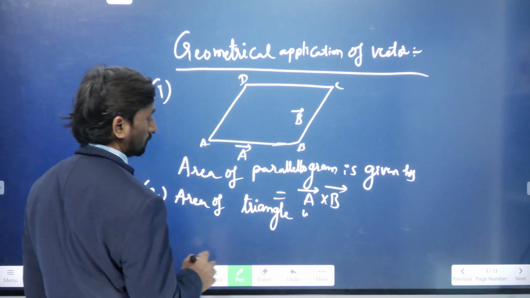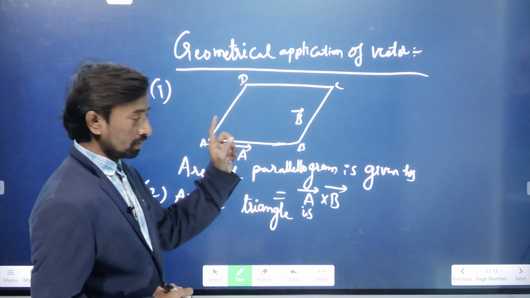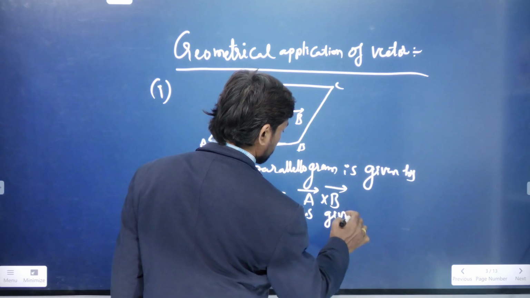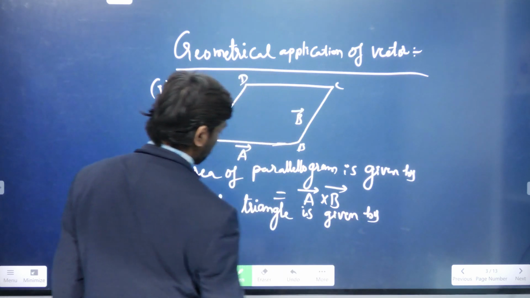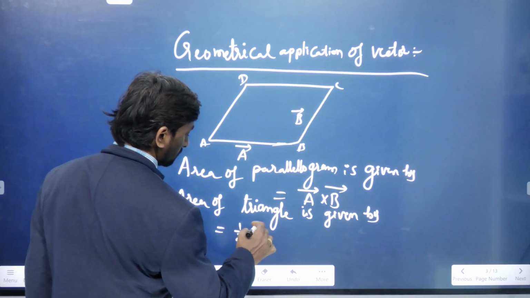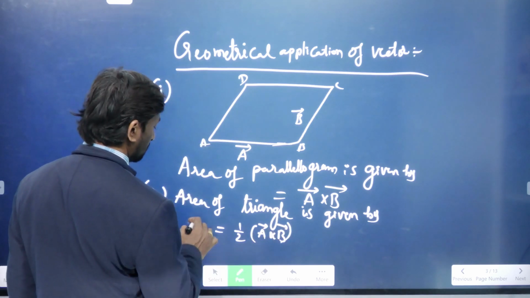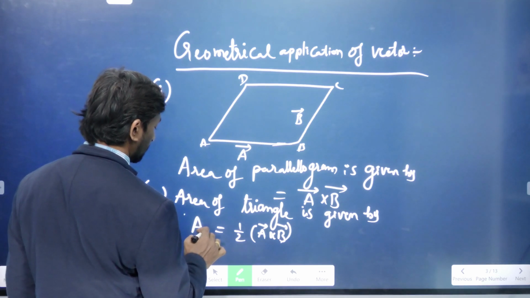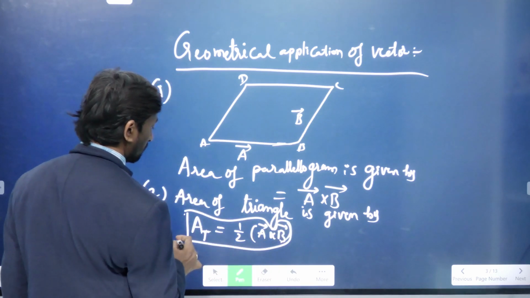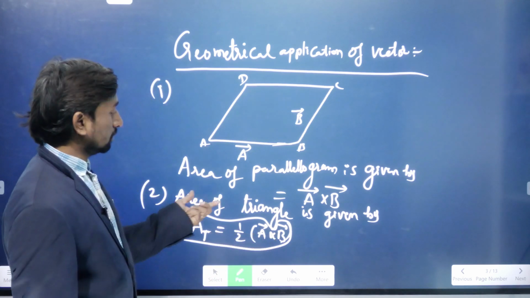When the two vectors are represented as the base and height sides of the triangle, the area is given by half of the cross product of the two vectors. So this is the area A of the triangle, and it can be given by using this formula: half into A bar cross B bar. Half into A bar cross B bar will be the area of the given triangle.